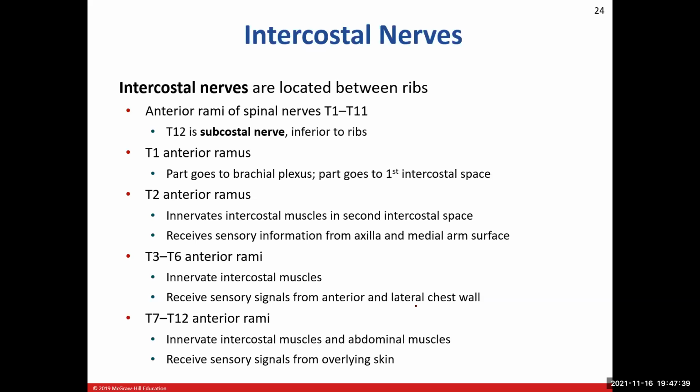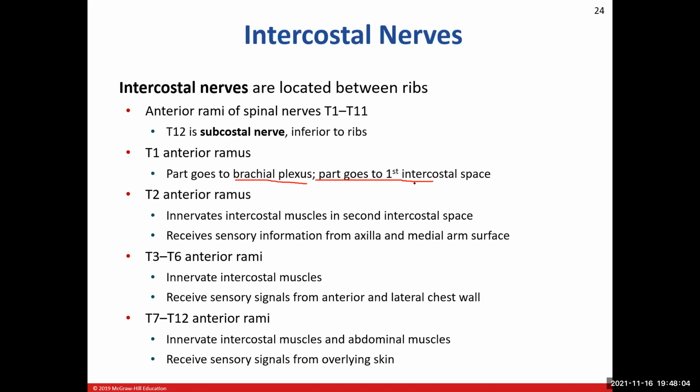T1, all right, that anterior ramus is going to contribute to the brachial plexus. And then the other part of it is going to be located in our first intercostal space. That means the space in between your first and second rib. T2, right, we are going to see it innervate, because when we're talking about the nerves, we're going to have sensory innervation and muscular innervation.